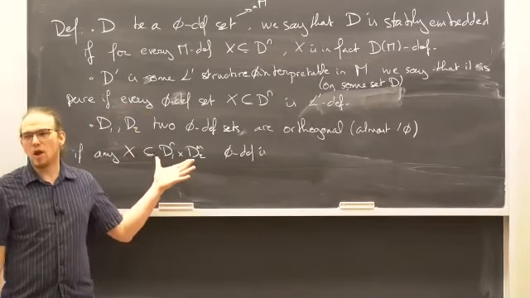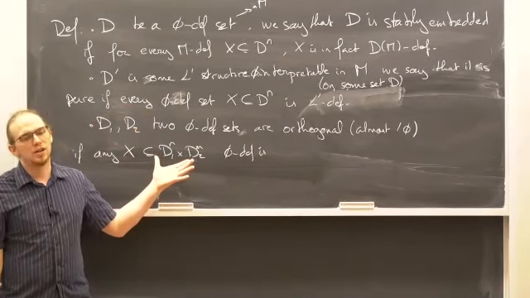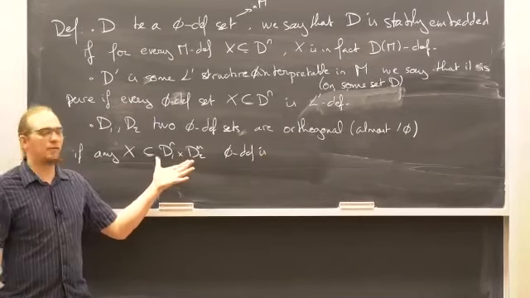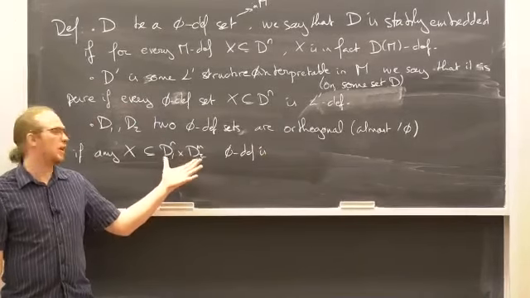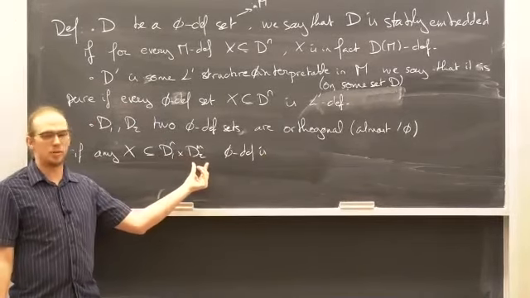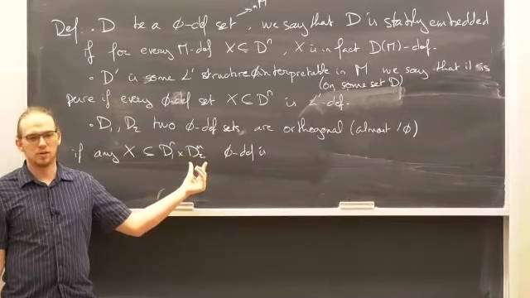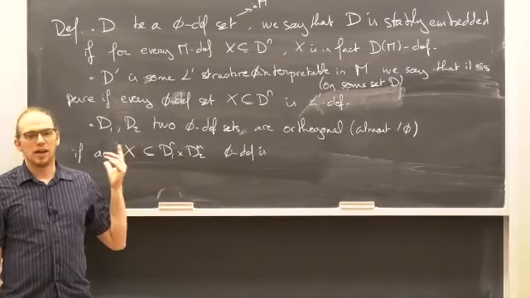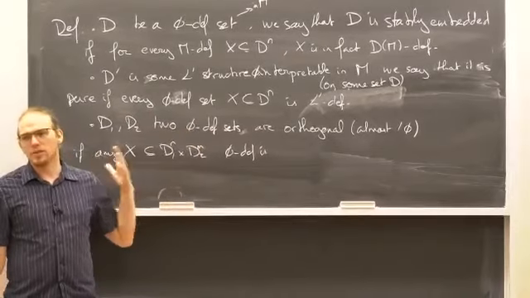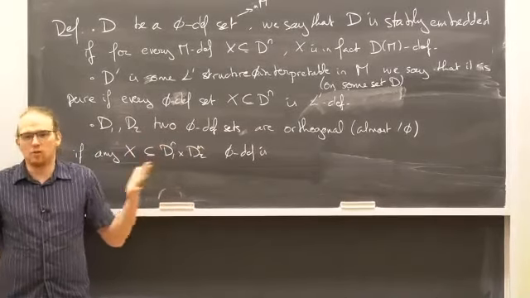Inside of here, the things that we must have are products of definable sets from here, and then finite unions of these. And we say that they're orthogonal if that's all we get.